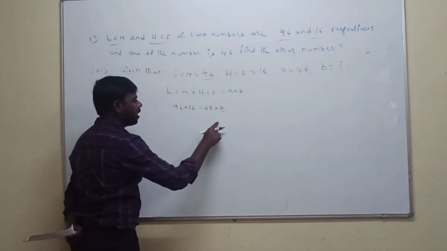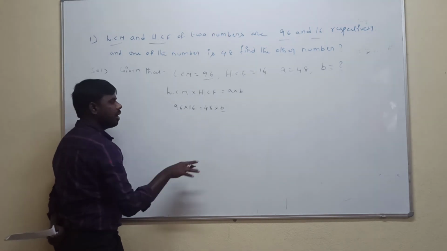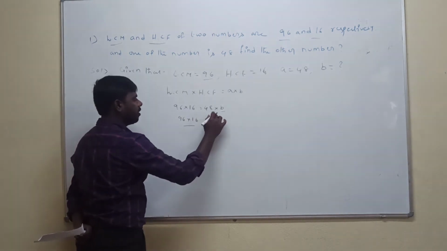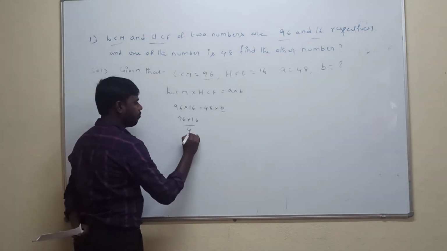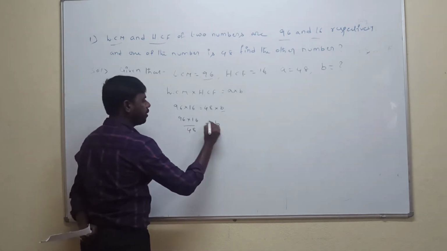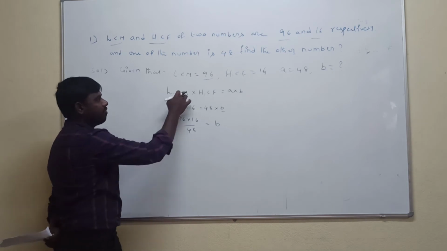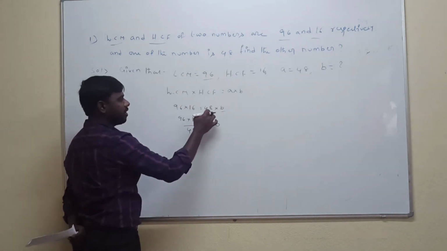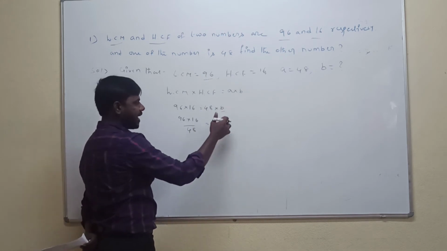So 48 on the right side goes to the denominator on the left side: 96 into 16 by 48 is equal to B. The LCM value given is 96, HCF is 16, A is 48, and B is not given, so B stays as it is.